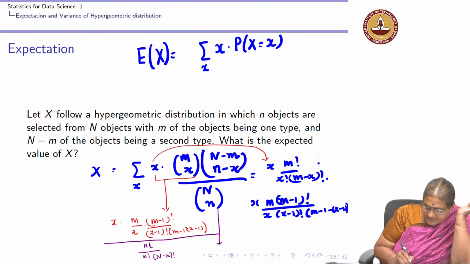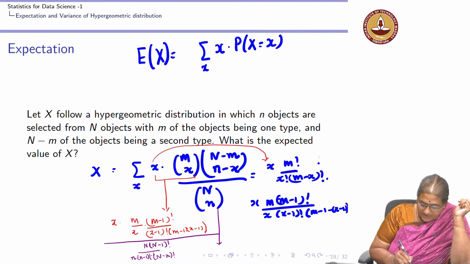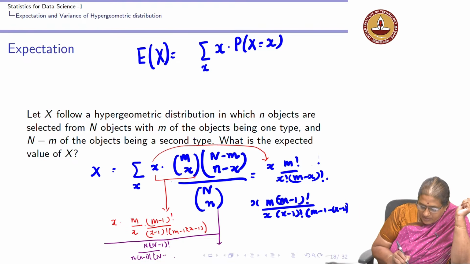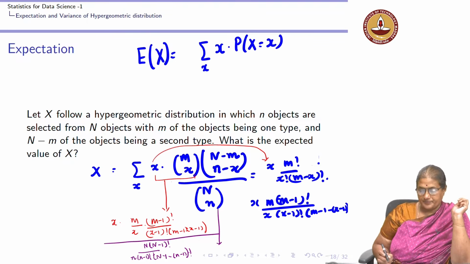I am going to write this as N into N minus 1 factorial, and this I am going to write as n into n minus 1 factorial, and for N minus n factorial I am going to do the same thing. I am going to write it as N minus 1 minus n minus 1 factorial.